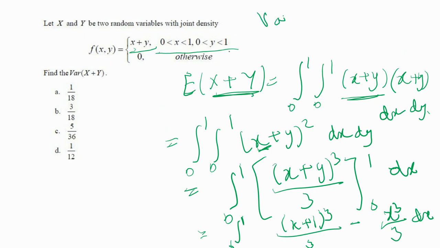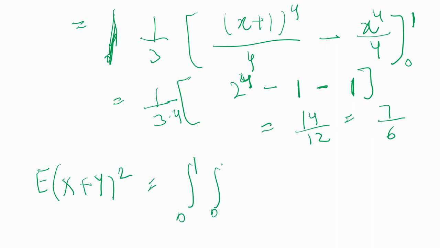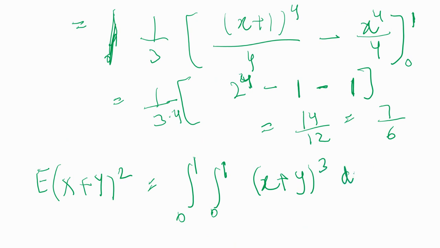Now to find the variance of x plus y, it is the expectation of x plus y whole square minus the expectation of x plus y, whole square. So next we want to find the expectation of x plus y square, which will be the integral from 0 to 1, 0 to 1, of x plus y whole square times x plus y, which is f(x,y). So this one will be x plus y whole cube dx dy. Now again we do the same integration.